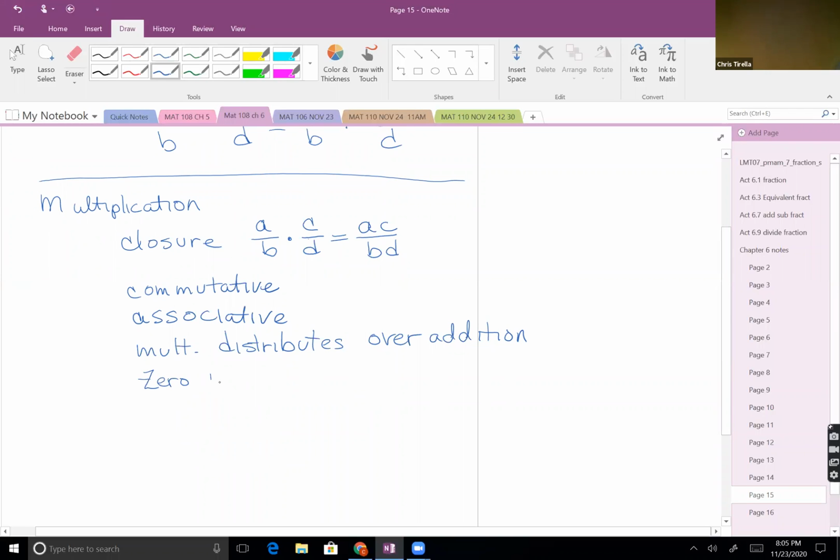The zero multiplication property will hold true, where if I have 0 times any rational number, it will equal 0. We have that 1 is the multiplicative identity.